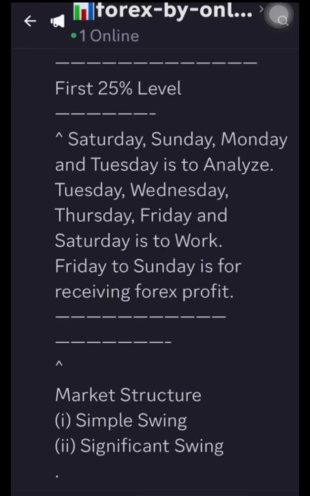Then the next month, Saturday, Sunday, then on Monday and Tuesday you can decide to analyze gold. Saturday, Sunday, Monday, and Tuesday is for analyzing your charts for your profits, for the weeks or months that you want. Like I said, I can use 2 days to analyze a year of charts.